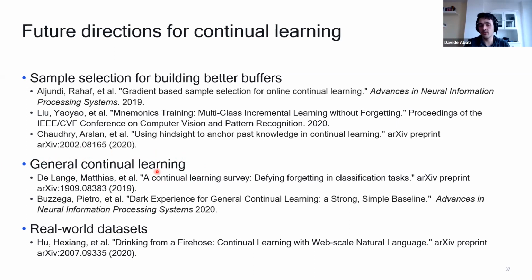You have to do some stuff at the end of the task when the task shifts from task 1 to task 2, let's say. But in practice you may not have that information, and this also may happen gradually. So there should be a gradual shift in the distribution from a task to the next one. And this is something that general continual learning papers are trying to tackle.